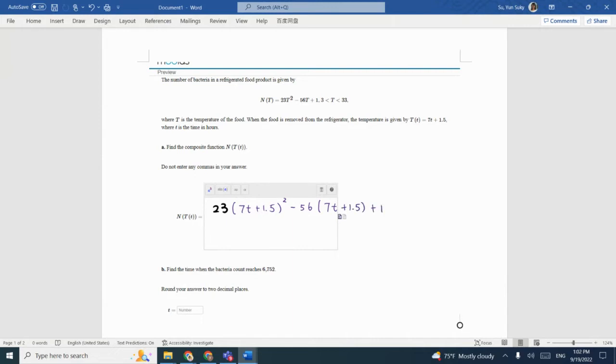Right? This is a comma. It says capital T is from 3 to 33, so the formula stops at 1. Okay, everybody? So this is the composite function.